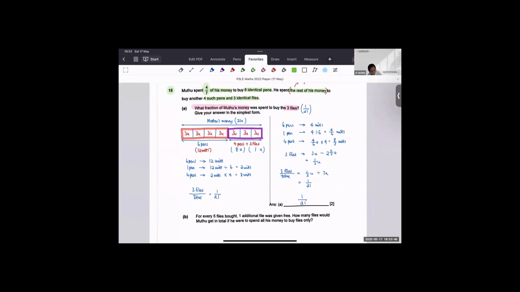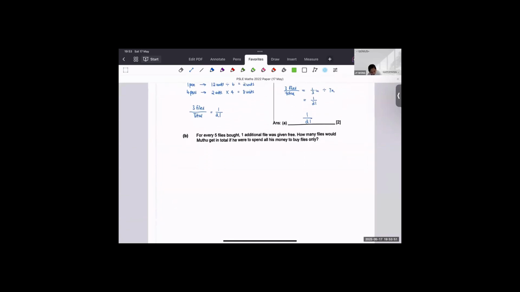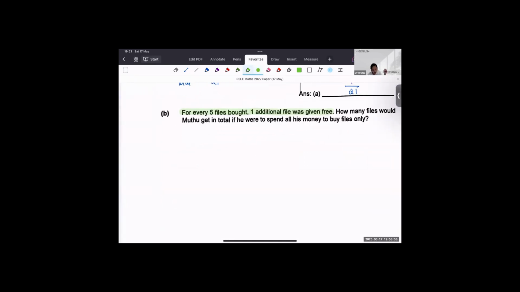Next part. For every 5 files bought, 1 additional file was given free. How many files would Muthu get in total if he were to spend all his money to buy files? So what do we know? 1 out of 21 of his money can buy him 3 files.